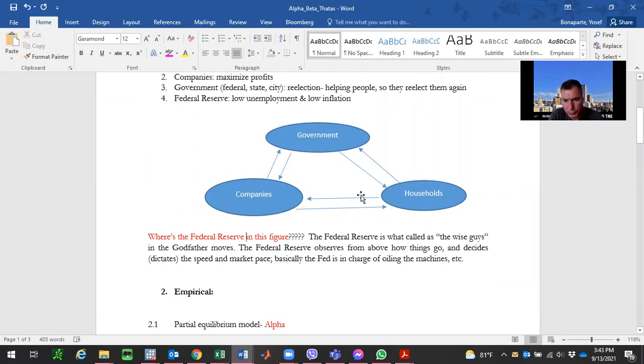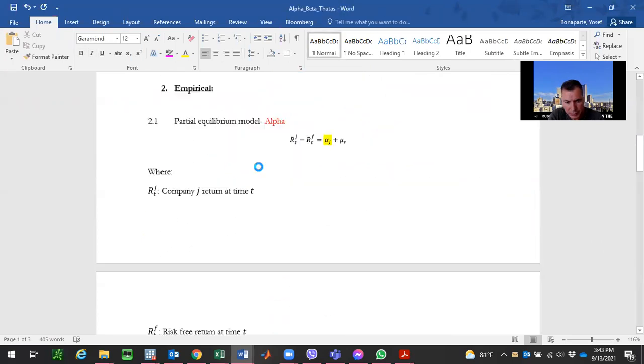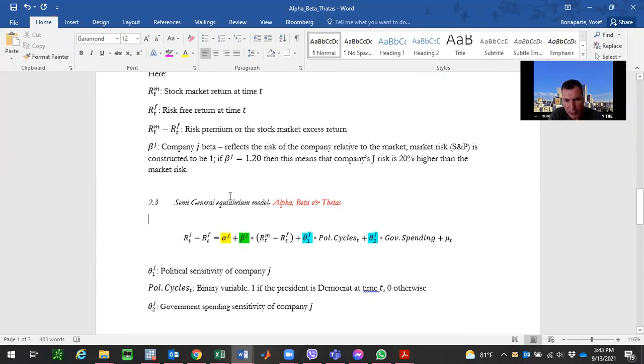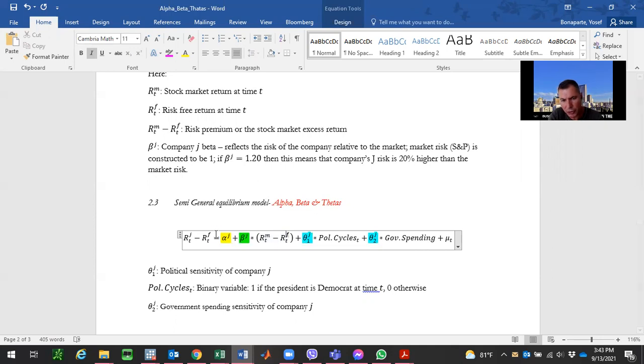Basically we took care of how households and companies help each other, but we've ignored the government. Now we need to add the government to the equation. That would be the third one, that would be the theta. So we're going to have the same company, RJ minus RF equals alpha J, beta J, plus theta 1 political cycle, plus theta 2 government spending.